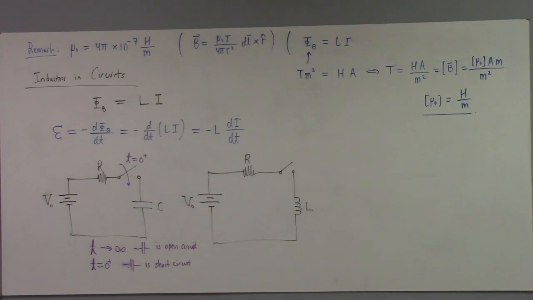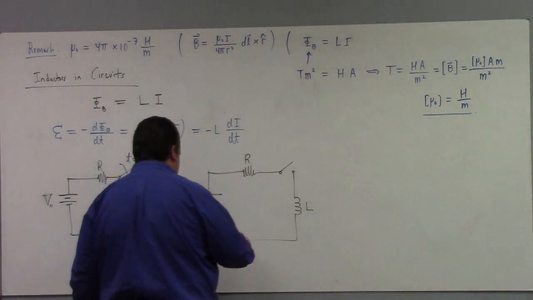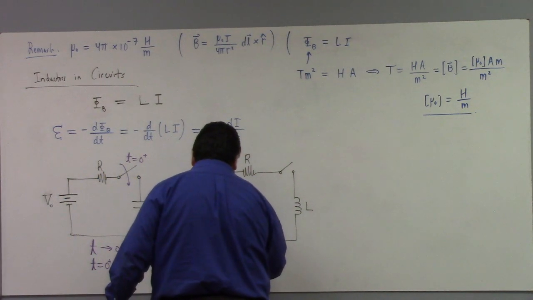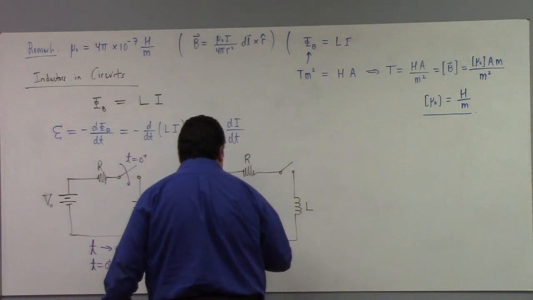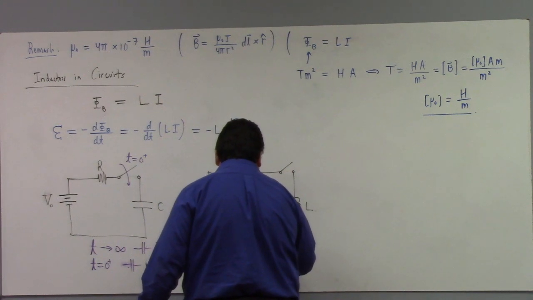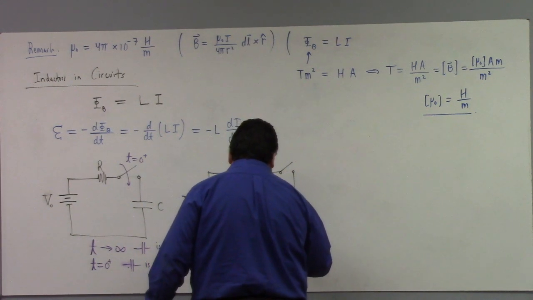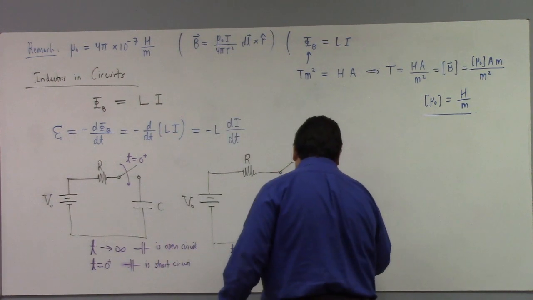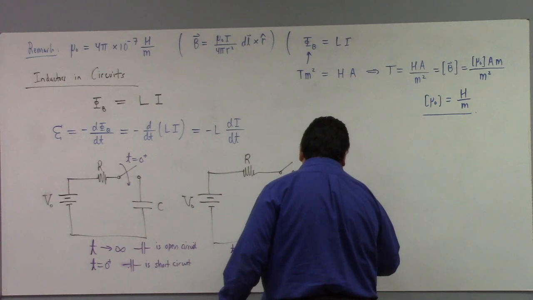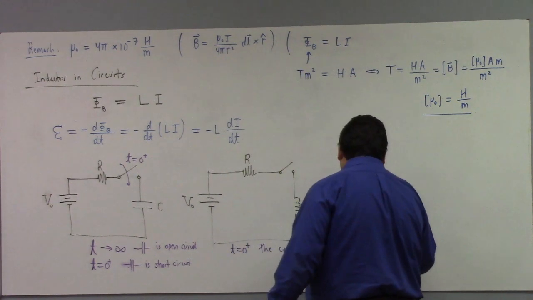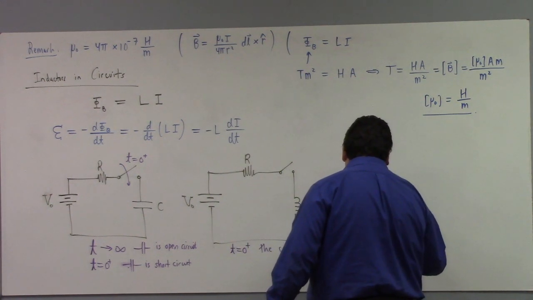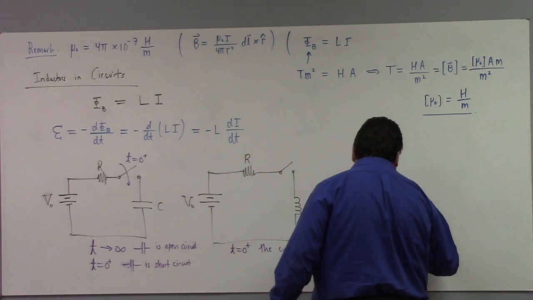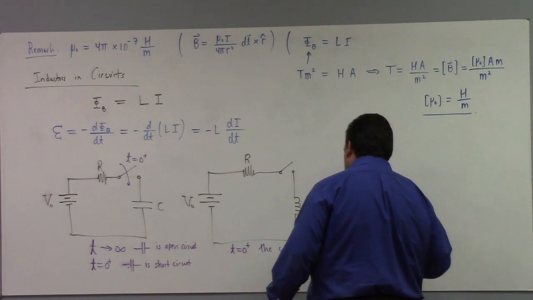The other circuit is exactly the opposite story. At t equals 0 plus, the current is approximately 0, so the inductor is like an open circuit.